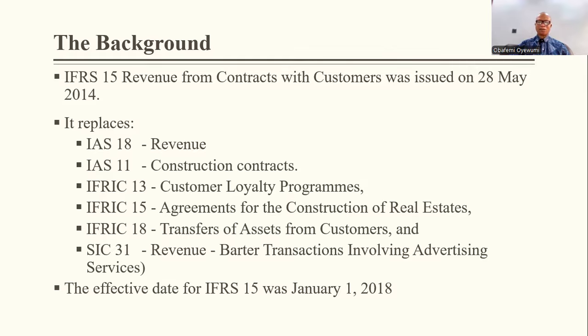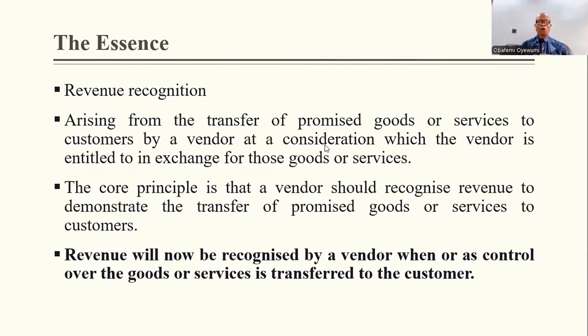So let's look at the essence of this entire standard. The whole essence of it is revenue recognition. Revenue recognition arising from transfer of promised goods or services to customers by a vendor at a consideration which the vendor is entitled to in exchange for those goods and services.